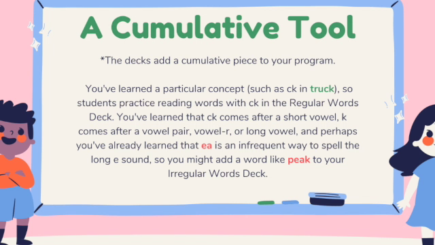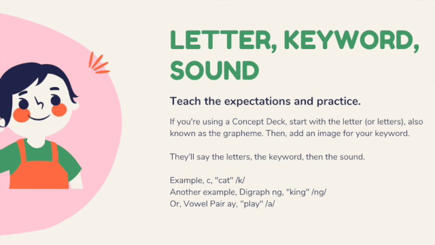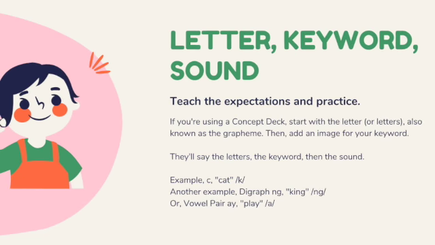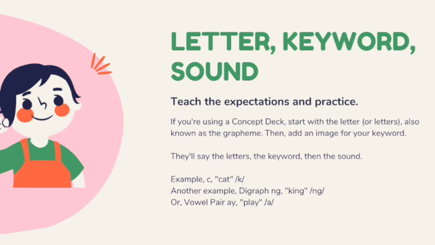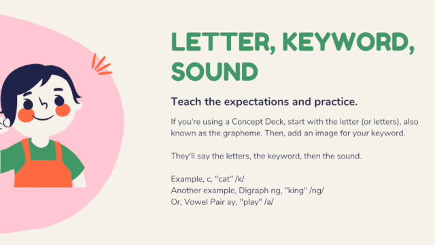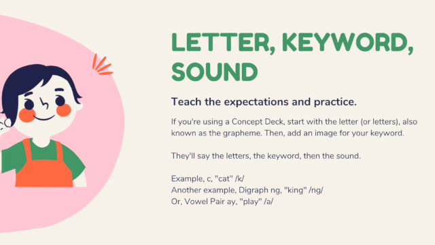So what we teach, and again with my program and with my academic language therapy, I use Basic Language Skills, which is an Orton-Gillingham based program, and what it teaches with a concept deck, for example, you have a letter. We work in a key word that has that particular sound in it, and then they end with the sound.